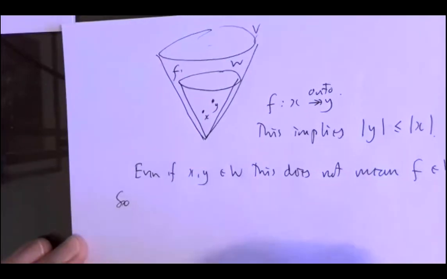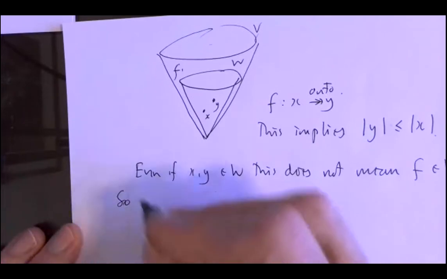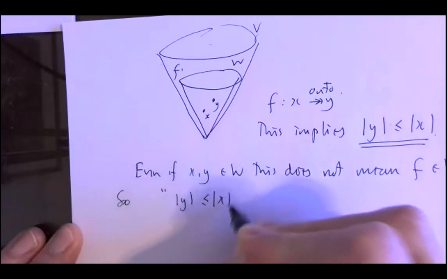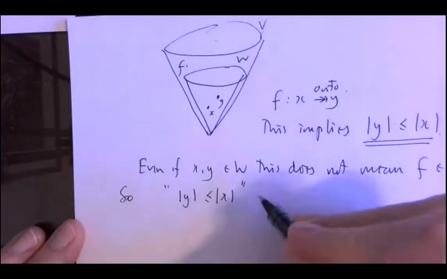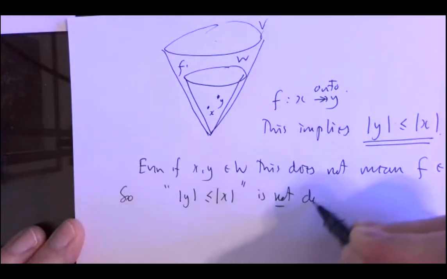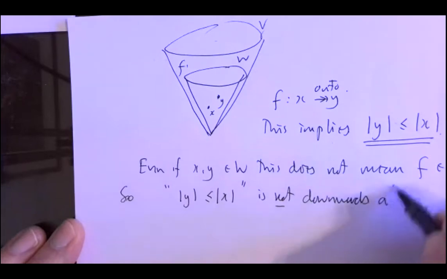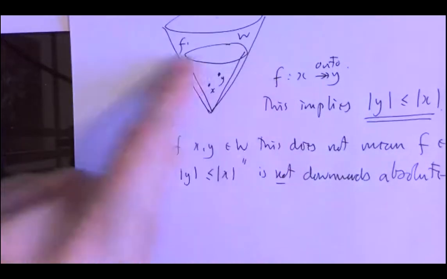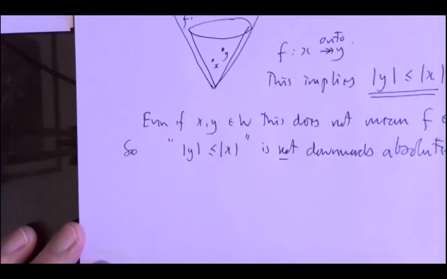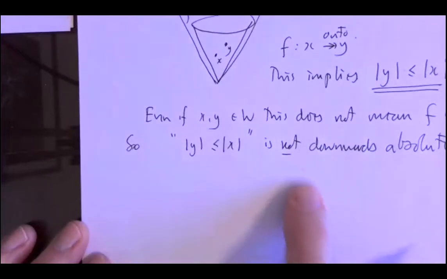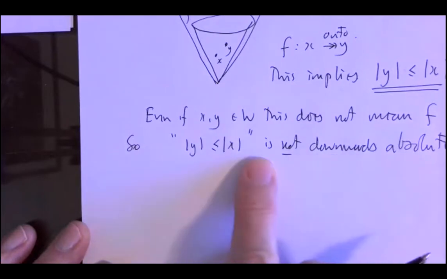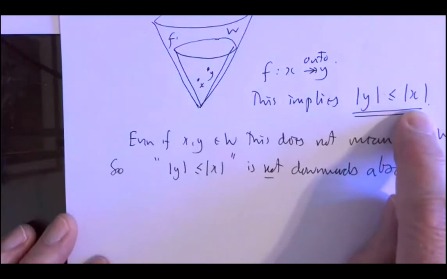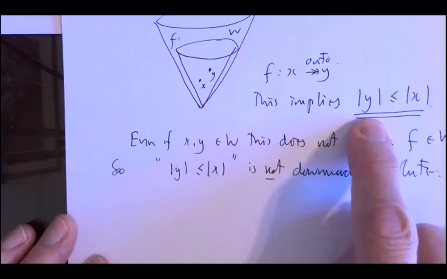So this relation here is not downwards absolute. It might be true in V, the sum F, but not in W. And this here is a sigma 1 statement. It's saying there exists a function which does something.